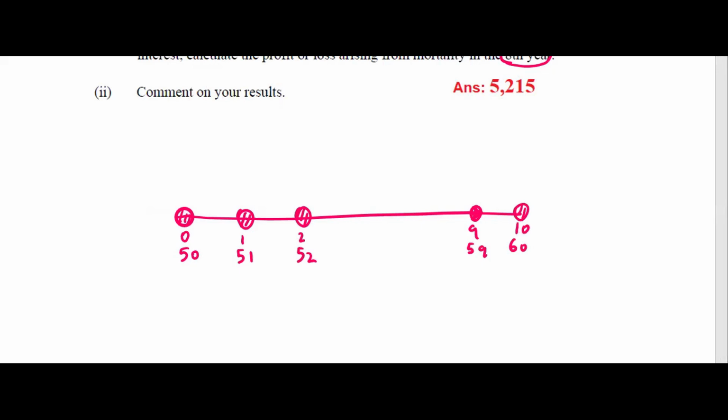Now you need to find mortality profit during the 8th year. So when we talk about 8th year, when will 8th year come? Who can answer? 7, 8, right?